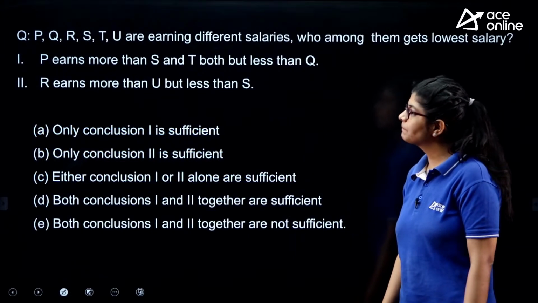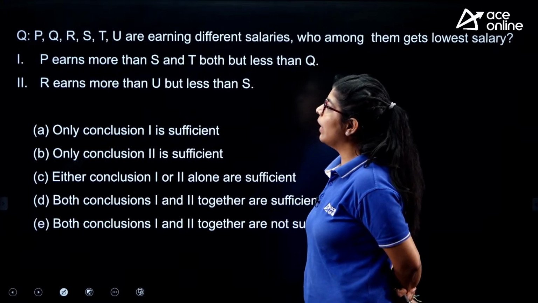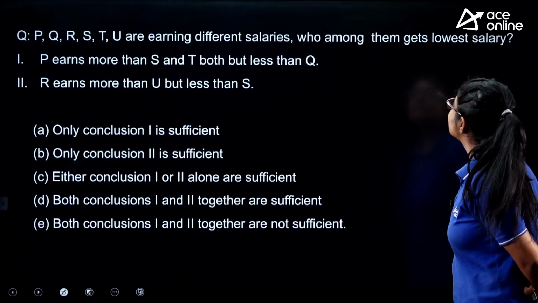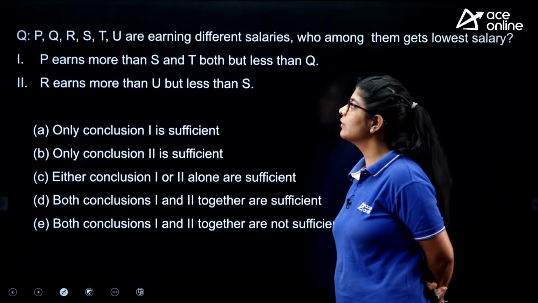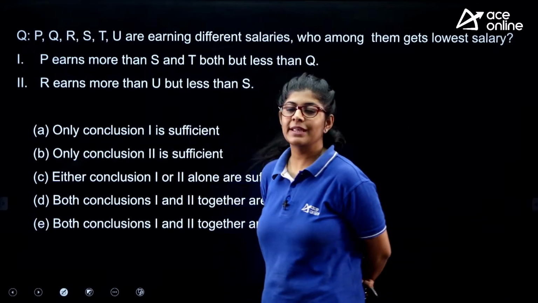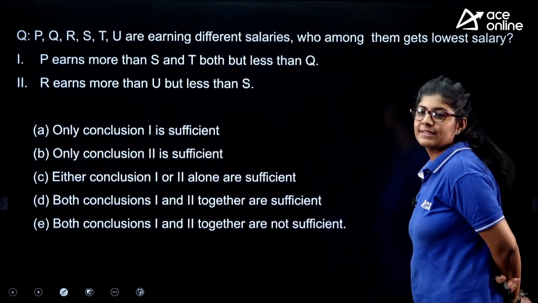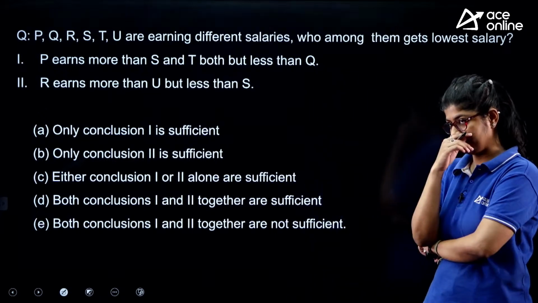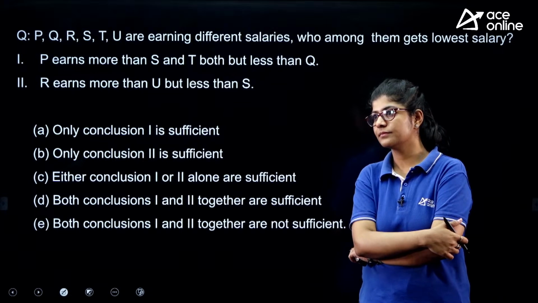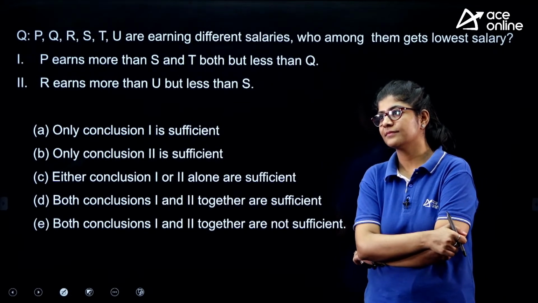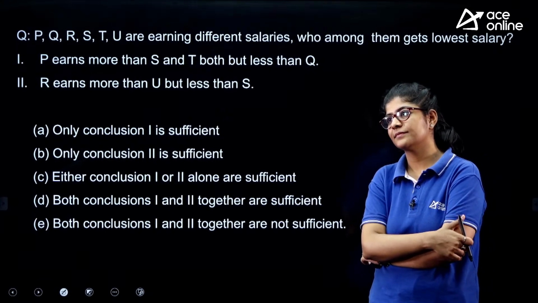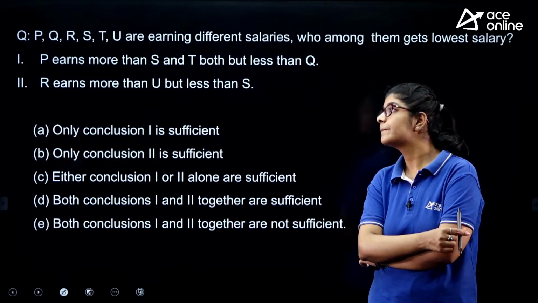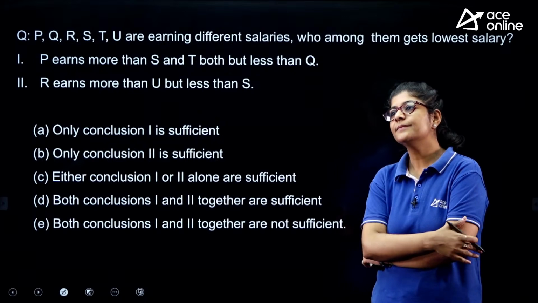Very good. Next. Next one says that P, Q, R, S, T and U are earning different salaries. Who among them gets the lowest salary? What we have to do? We have to find out the lowest salary. First, P earns more than S and T but less than Q. Second, R earns more than U but less than S. So what is the correct answer?